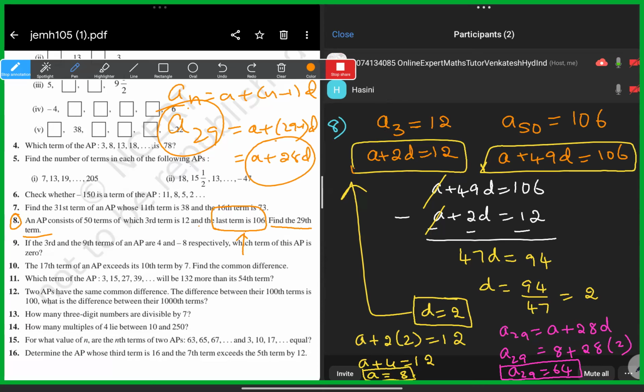Okay, Hasni. Still you have any doubt how I wrote A29 as A plus 28D, Hasni? No, sir. After writing like that, we just found out the A and D values, so we kept them in. So A is 8, 28 into 2 is 56. 8 plus 56, 64. How much, Hasni? 64, sir.